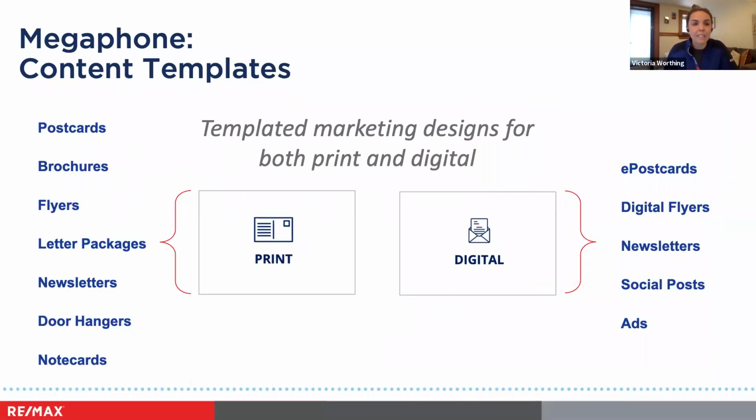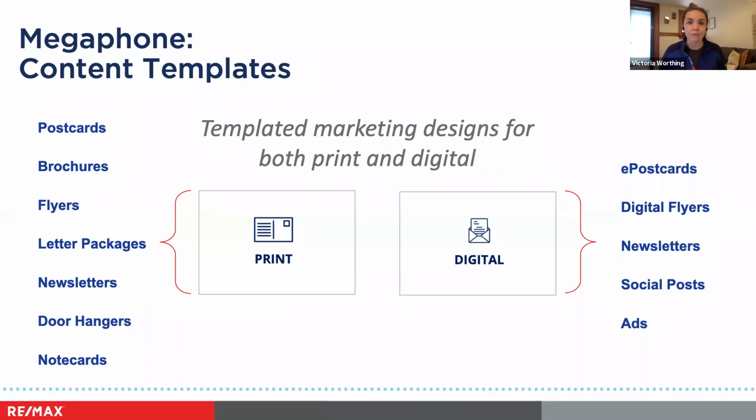In terms of what is available inside of the Megaphone content templates, you have two sides to the platform, your digital features as well as your print features. So inside of the print templates, you have postcards, brochures, flyers, any of that traditional print marketing that you're used to and maybe went to Design Center for in the past have now been pulled over into Megaphone.